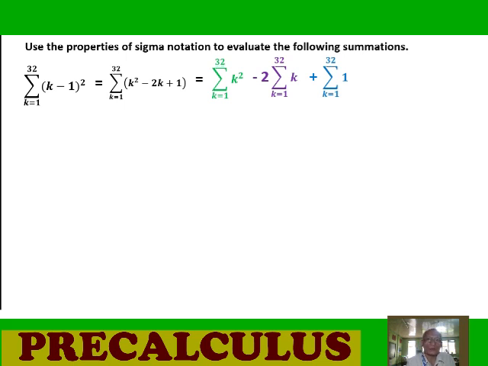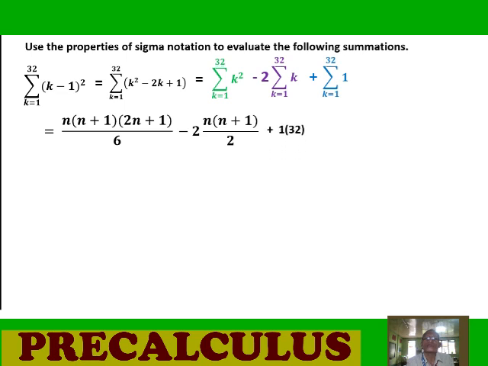Using the properties of sigma notation that we learned, this becomes n times n plus 1 times 2n plus 1 over 6. That is the property. Minus 2 times n plus 1 over 2, plus 1 times 32, using the summation property.